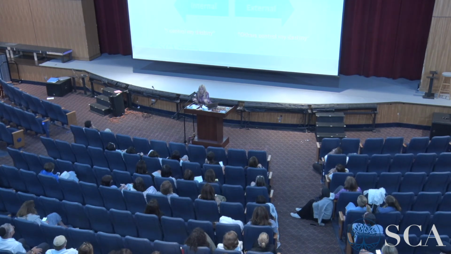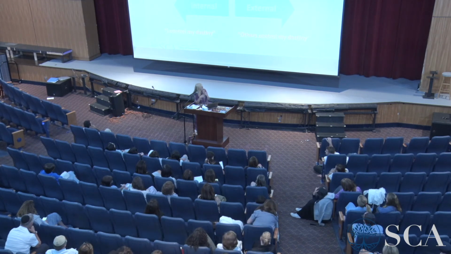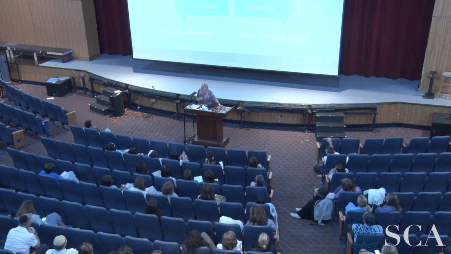It sounds so simple, but it's the whole story of Eicha. What degree of control? If we are people who have a tendency, who are oriented towards having an internal locus of control, what does that mean, internal locus of control?